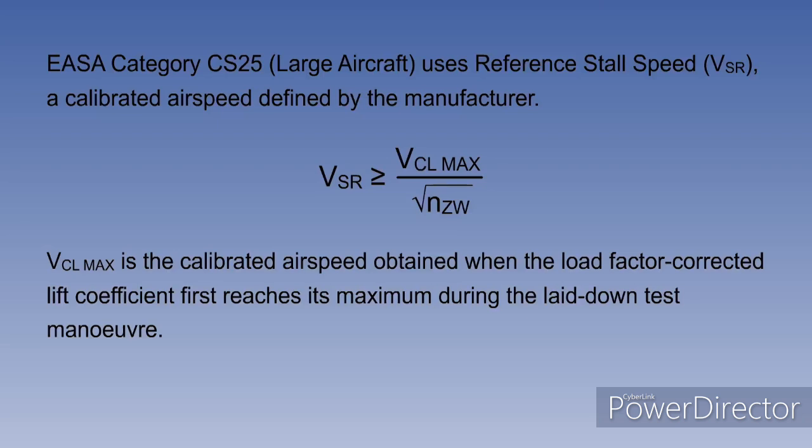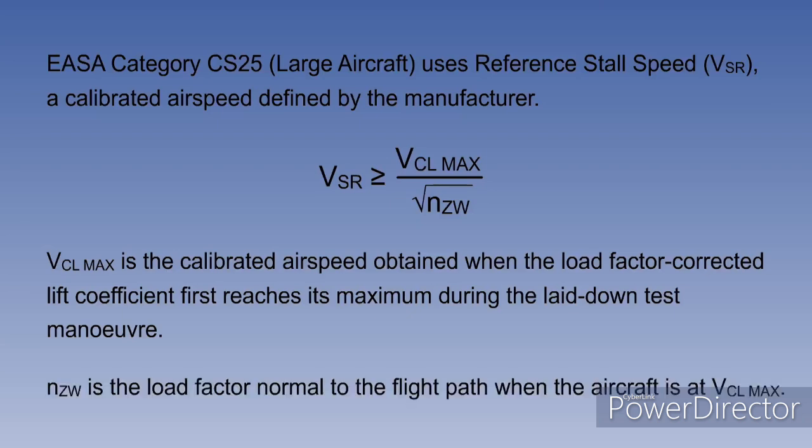In addition, if the aircraft is fitted with a stick pusher, a stall prevention device, described in the next section of the lesson, VCL max may not be less than the speed at which the device operates. NZW is the load factor normal to the flight path when the aircraft is at VCL max.